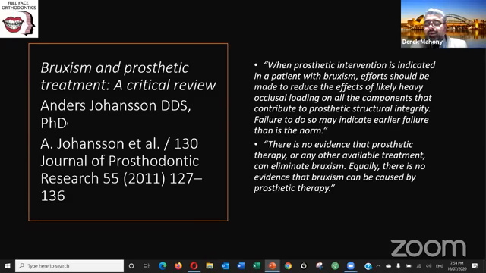But here's the big one: there's no evidence that prosthetic therapy or any other available treatment can eliminate bruxism. So equally, there's no evidence that bruxism can be caused by prosthetic therapy. So he's saying try to limit it, but no matter what you do, if they're bruxing, they're going to break it.